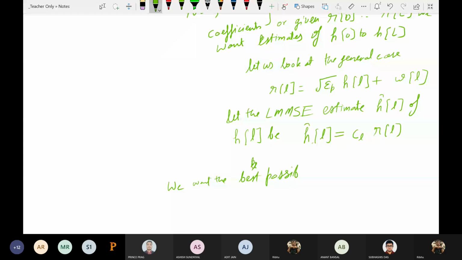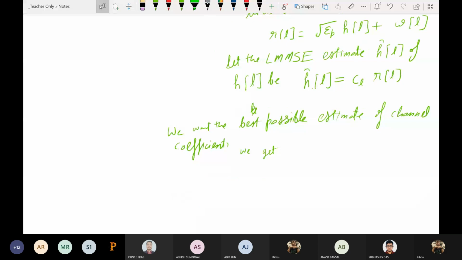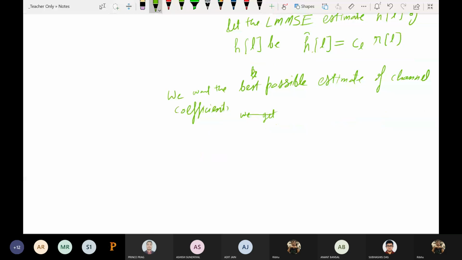Since we want the best possible estimate of channel coefficients, we want it to be optimal in some sense.